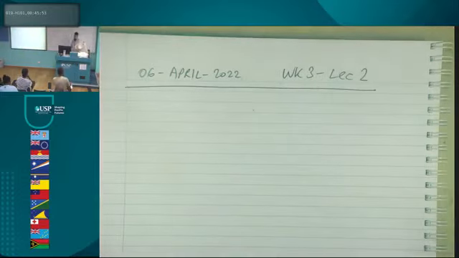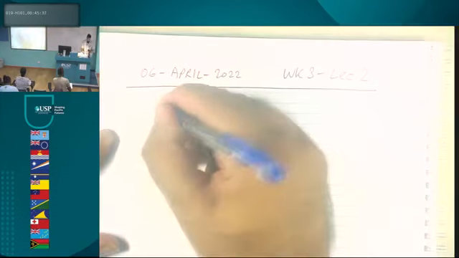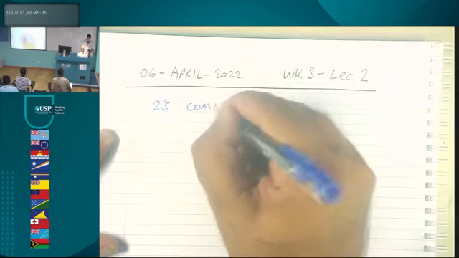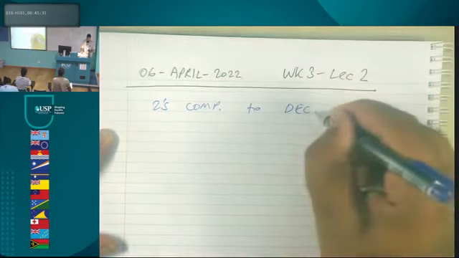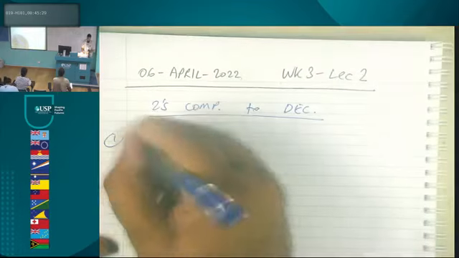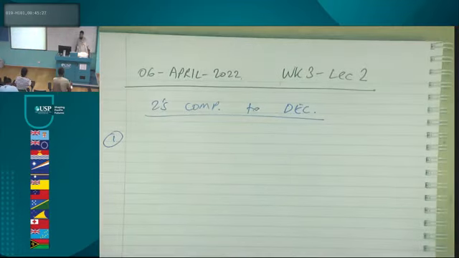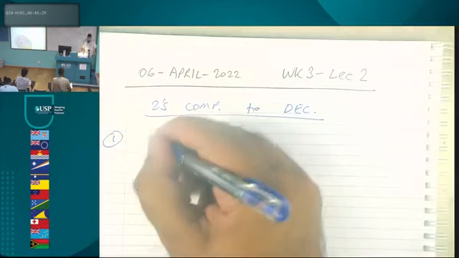All right, so the steps. Number 1, two's complement to decimal. It's all about the number of bits.